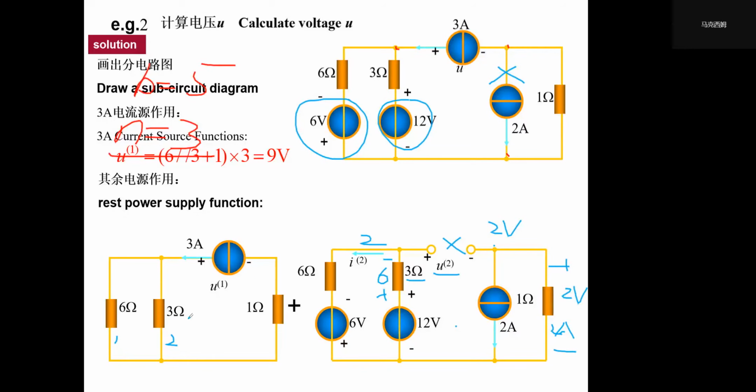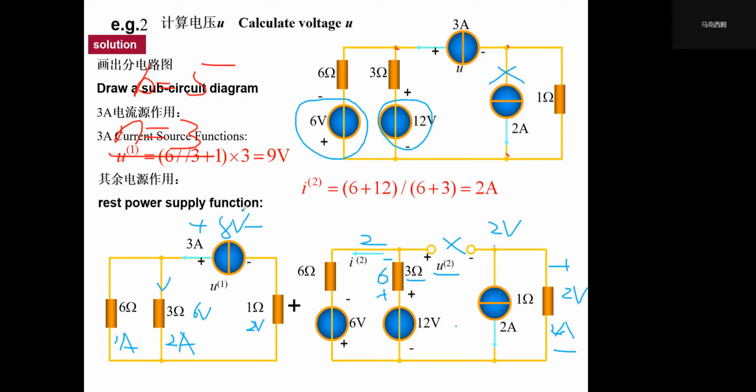And we see that the voltage on it is, this one is 3 times 2 is 6 volts, and this one is 2 volts. So the total voltage on the current source must be 8 volts, right?